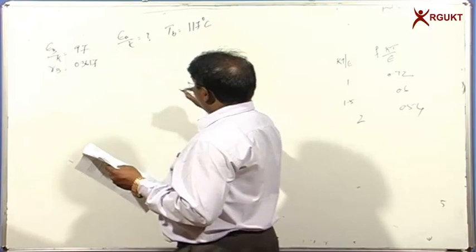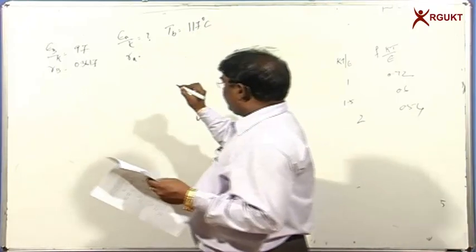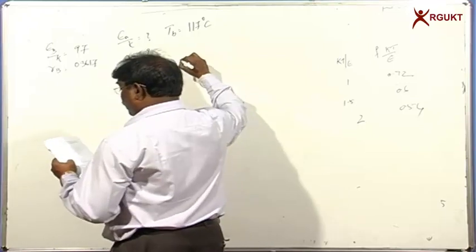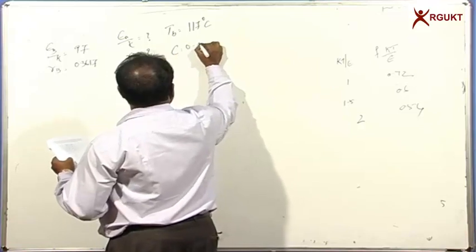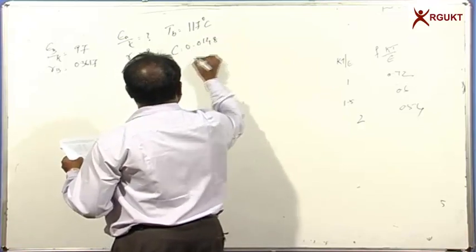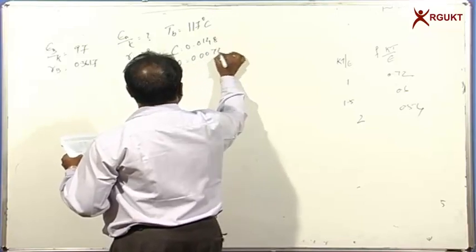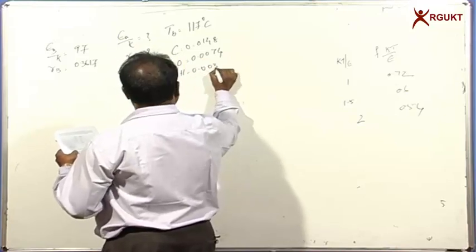Similarly, RA, that is the molar volume of butanol, is not given, whereas the atomic values for carbon are given as 0.0148, for oxygen 0.0074, and for hydrogen 0.0037.